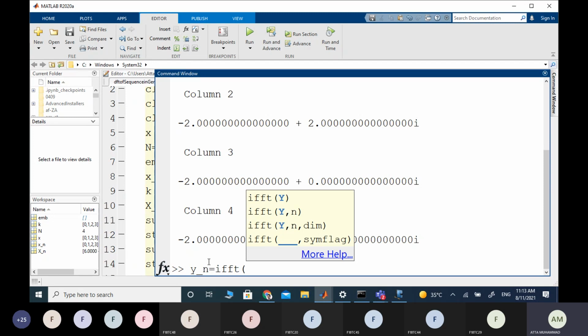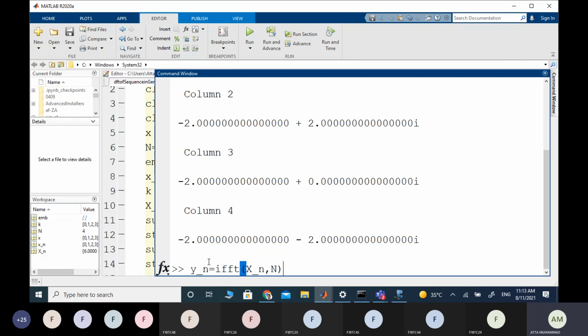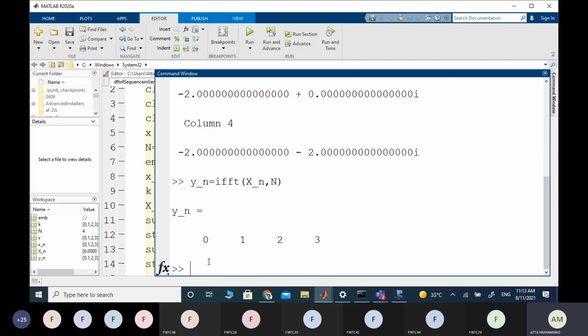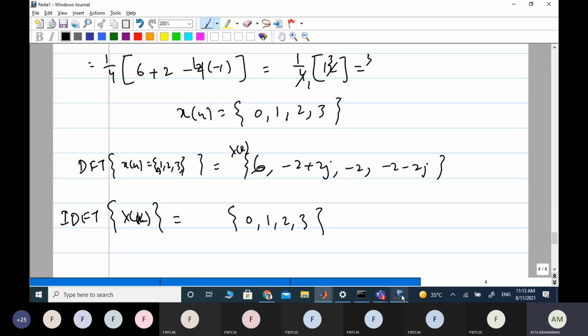Then if we wish to compute inverse DFT, we have to use IFFT. Our spectrum is in X of n, and we have to give it the length of the signal, that is 4, I think. Yes. So here we go. You can see we again get 0, 1, 2, 3, and that is what we have also computed here. So we have done a very fine job here.